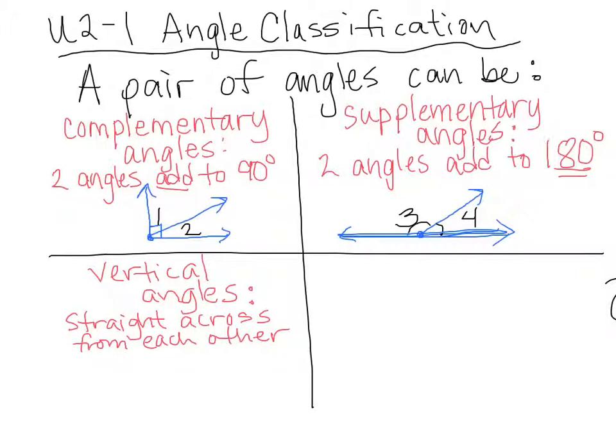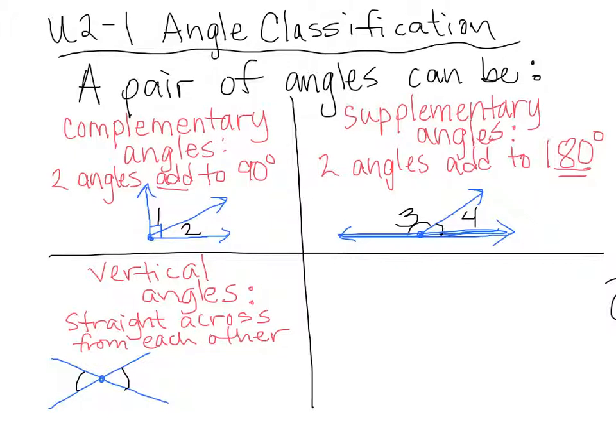Okay, an example would be this. Imagine just drawing kind of like a big X. Okay, there's a vertex here. It's creating 4 angles, and these 2 angles straight across from each other would be vertical angles.